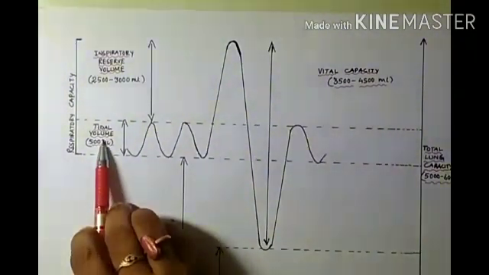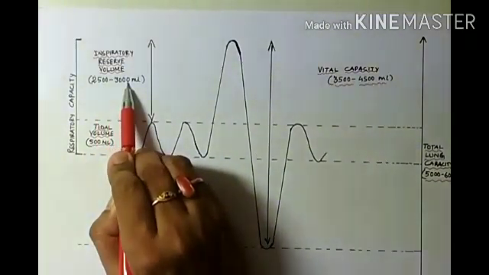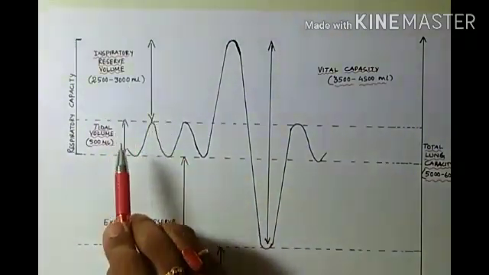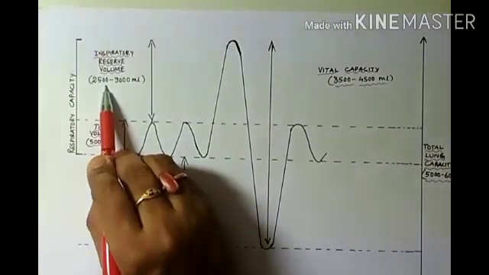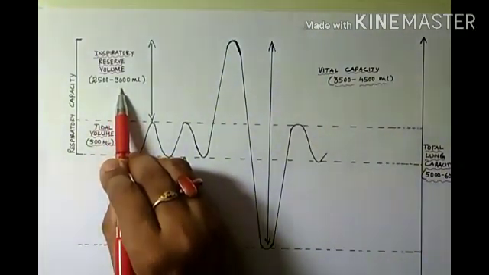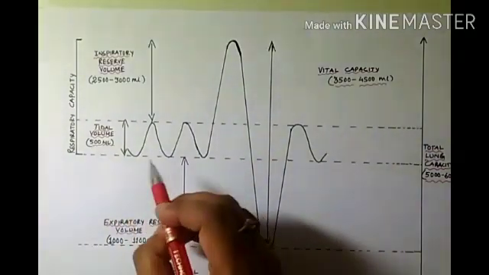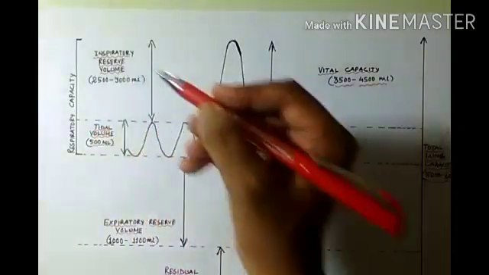This is about 2,500 to 3,000 ml. So it is the deepest possible inspiration. Less than this can occur, but it is the ultimate, right? Because of that, whatever volume of air enters into our body will be called the inspiratory reserve volume, right?